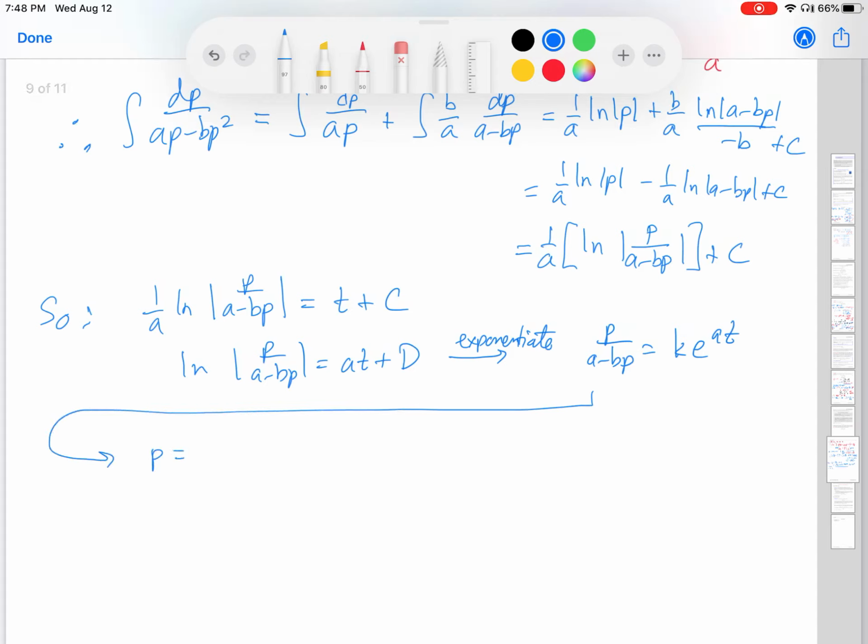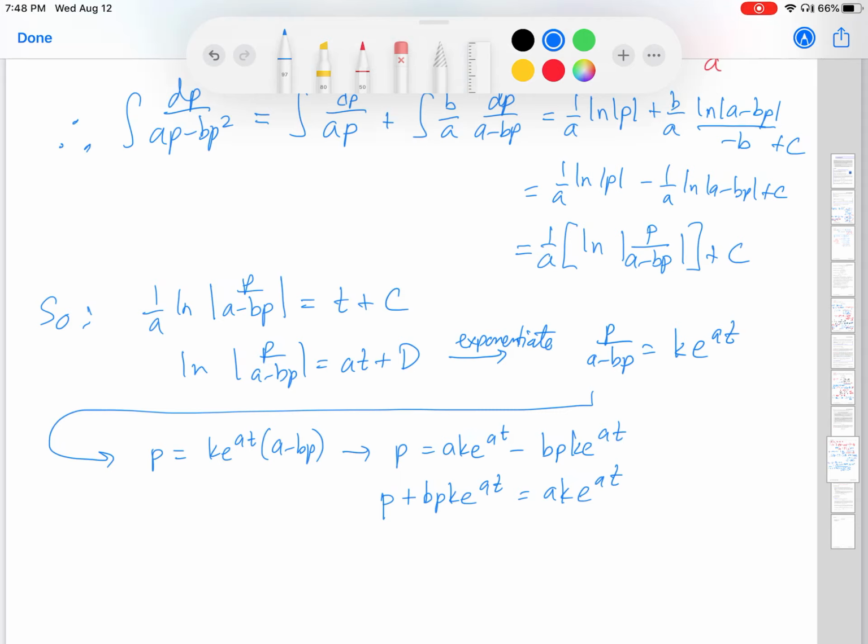To do that, I am going to multiply both sides by a minus bp. And then I'm going to distribute: ak e to the at minus bpk e to the at. And then I will combine the p terms: p plus bpk e to the at equals ak e to the at.